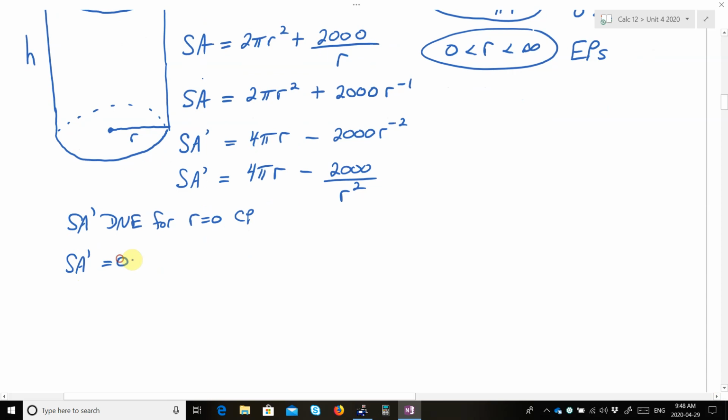surface area prime equals 0 when 4 pi r minus 2,000 over r squared equals 0.